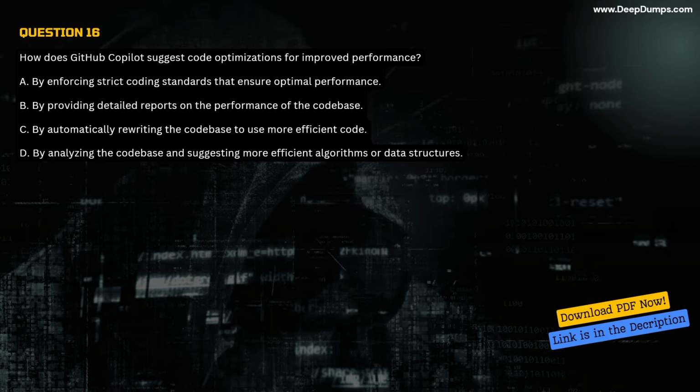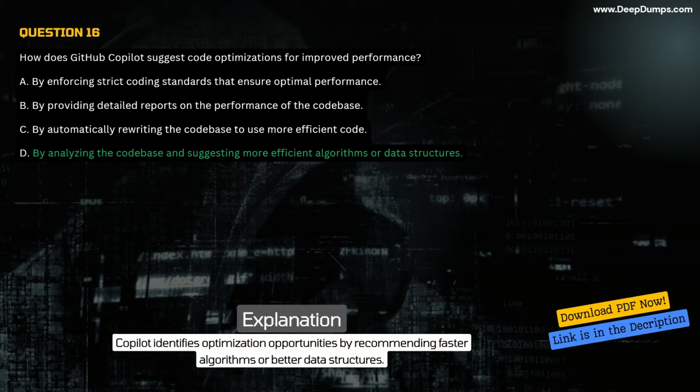D. By analyzing the codebase and suggesting more efficient algorithms or data structures. Correct answer, D. Explanation. Copilot identifies optimization opportunities by recommending faster algorithms or better data structures.